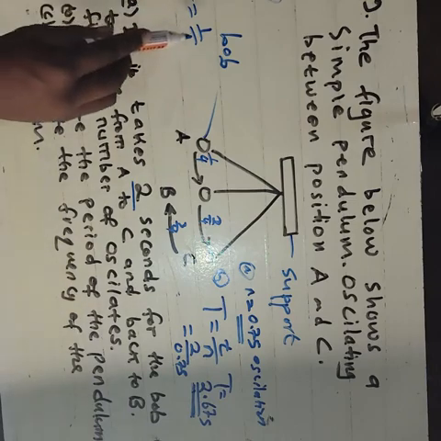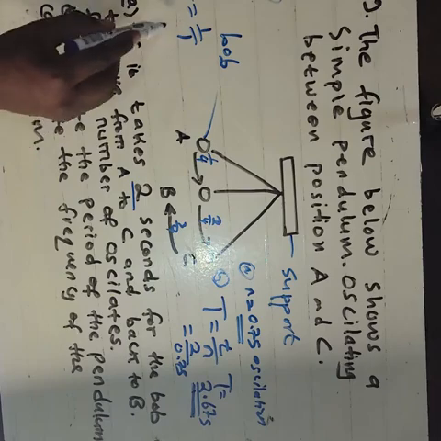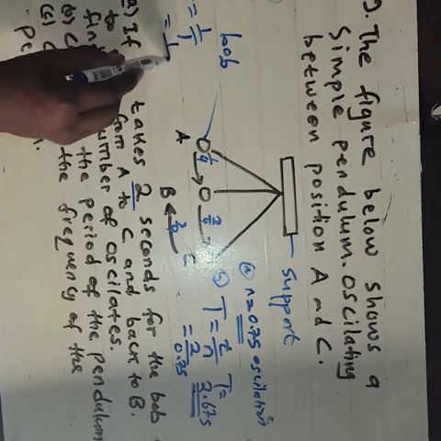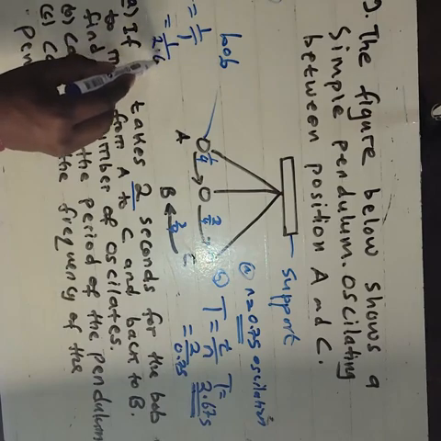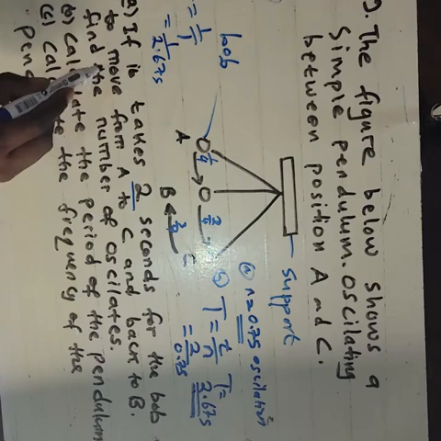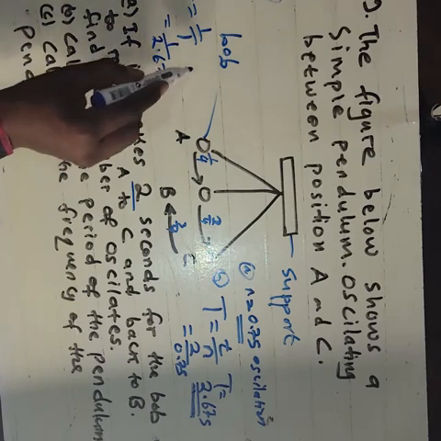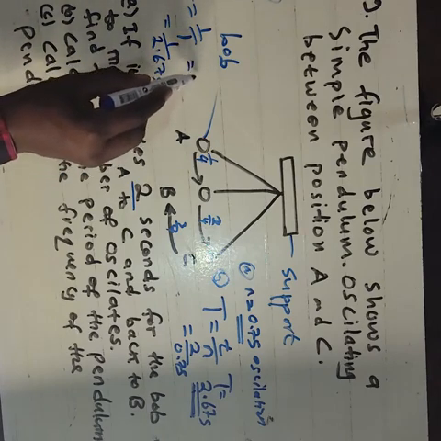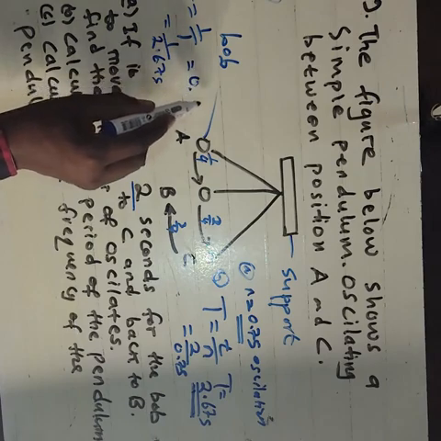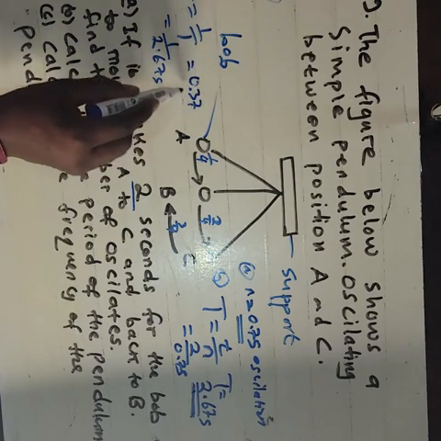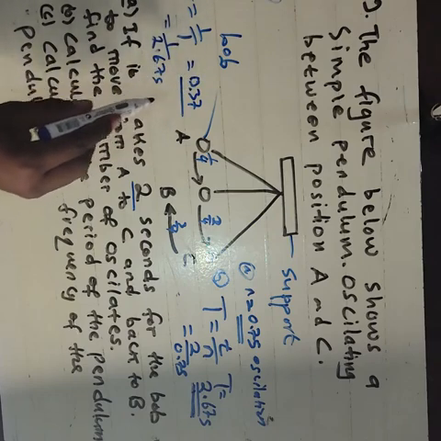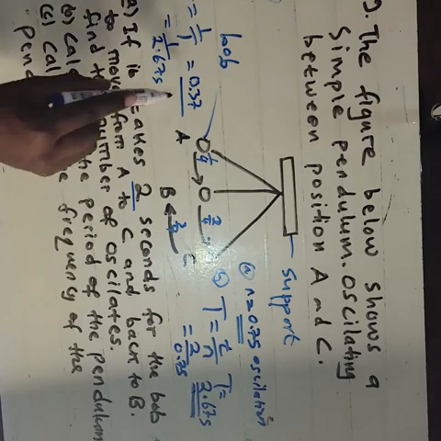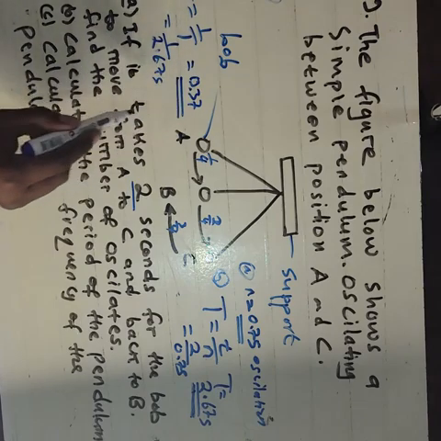All right, so frequency is equal to 1 divided by period. So 1 divided by, what is our period? Our period there is 2.67 seconds. So now, when you divide there, you get frequency is equal to 0.37. And when you leave it like that, the answer is wrong.